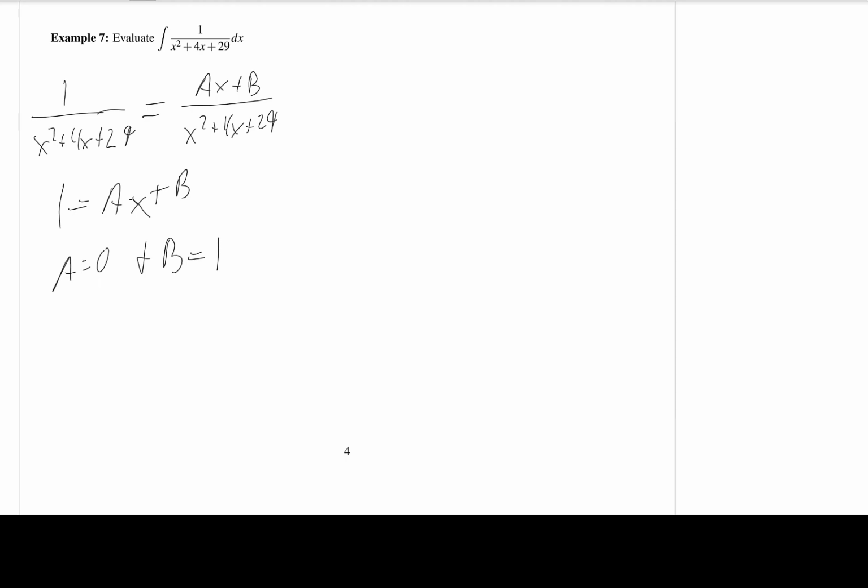Instead, what we have to do is complete the square on the bottom. What I mean by that is we rewrite this as 1 over x plus 2 squared plus 25, and I'm going to call this dx. If you need a reminder on how to complete the square, please don't feel scared to reach out to me.